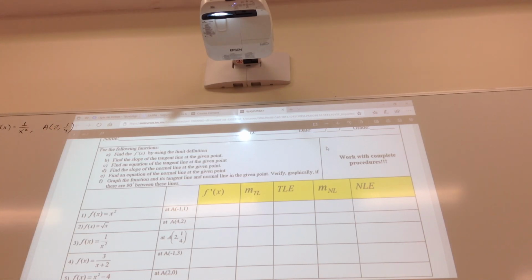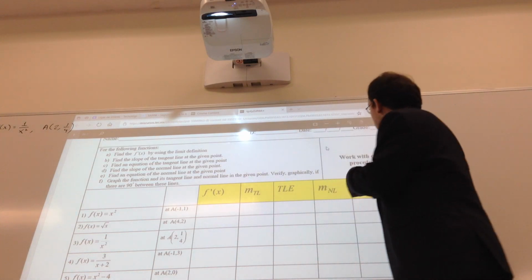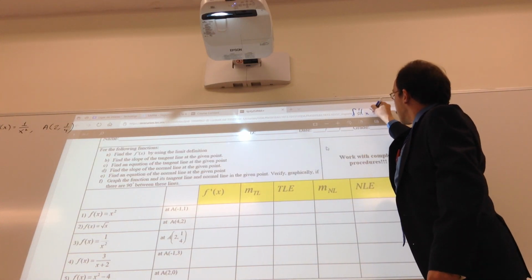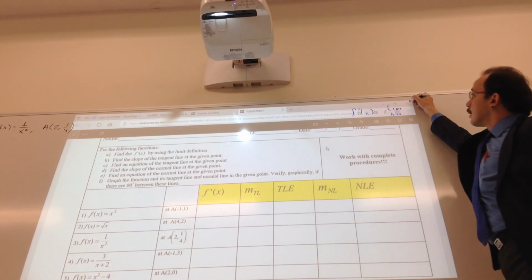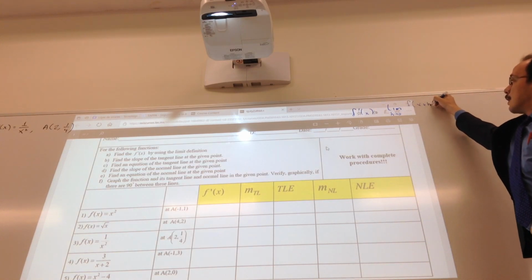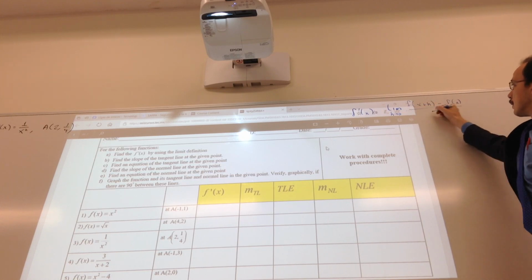Okay. From yesterday, who remembers what's the formula to find the derivative using the limits? We have to substitute the x with x plus h. Yeah, but what was the formula? The limit as h approaches 0 of f(x+h) minus f(x) over h.